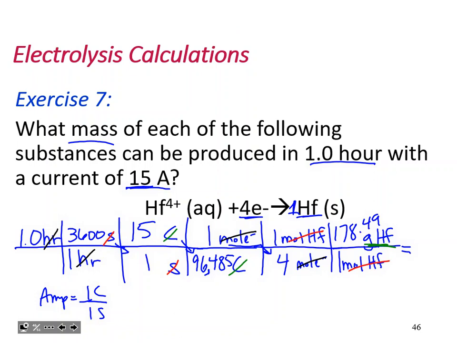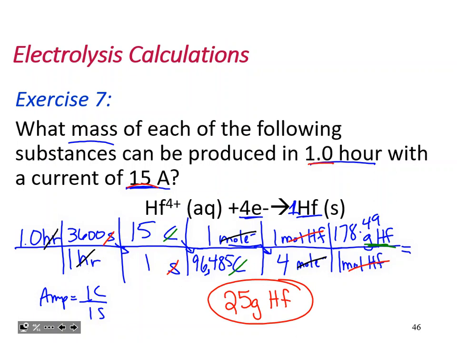So 3,600 times 15 times 178.49 divided by the 96,485 divided by the 4, right? So we should end up getting how many grams? Getting 25 grams of Hf. And I'm using 2 sig figs because there's 2 here and 2 here.